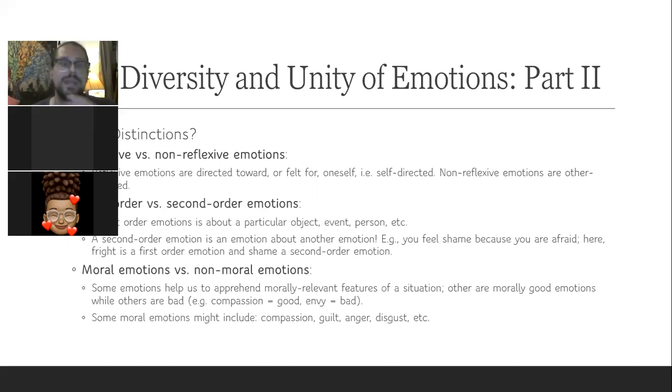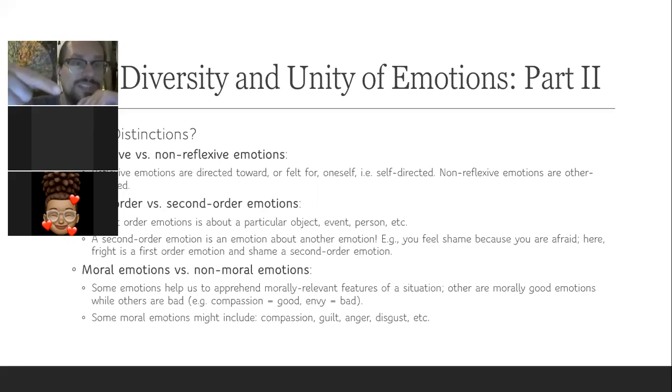But a second order. Okay, so there's an important distinction to be aware of here that I'm starting to see, and that is that certain emotions might be built up out of simpler ones, as we'll see in a moment. So fear, say fear of loss, might be one of the constituent parts of jealousy.